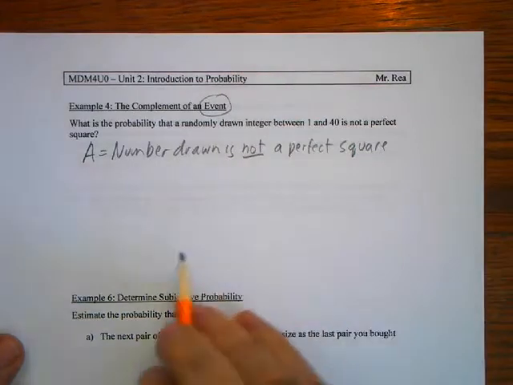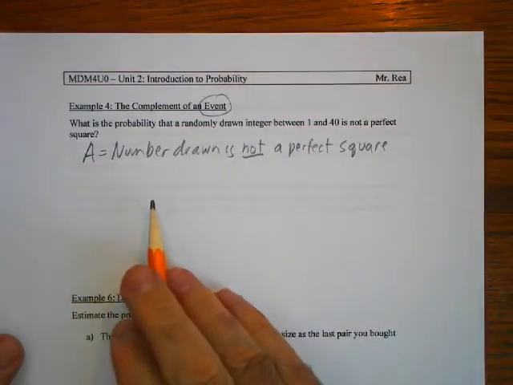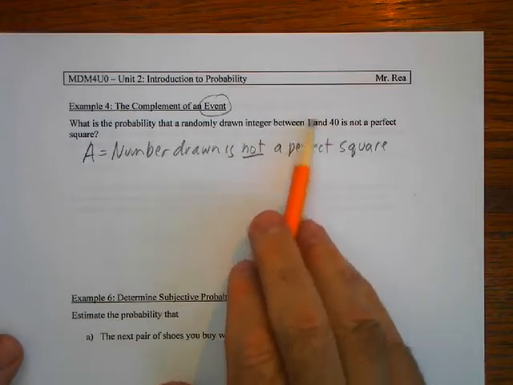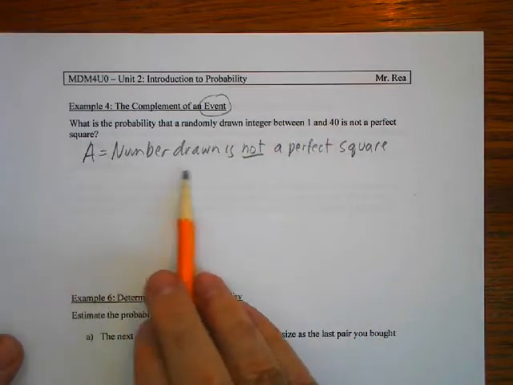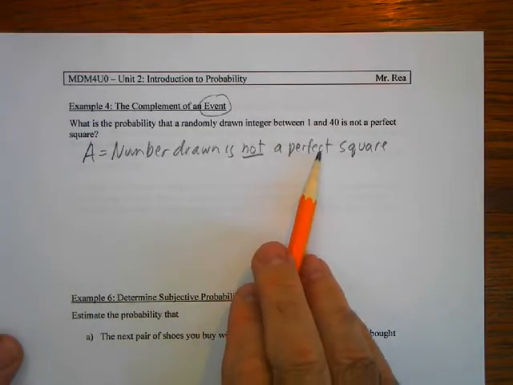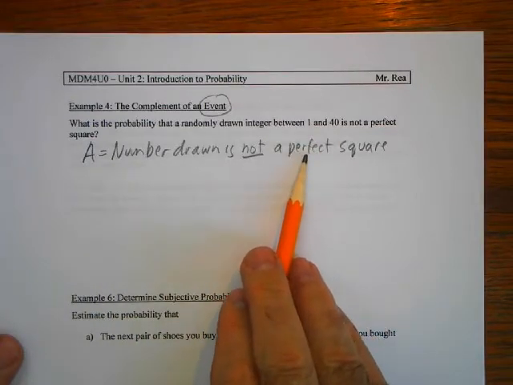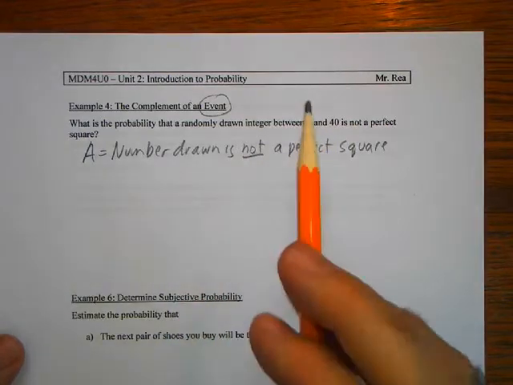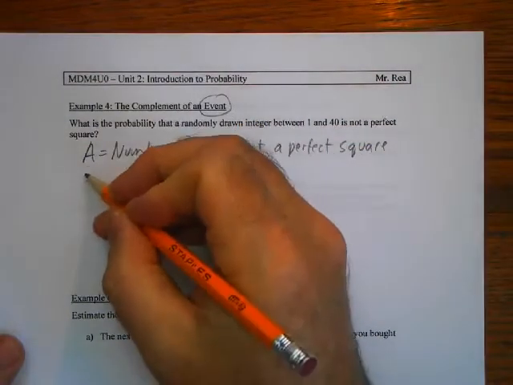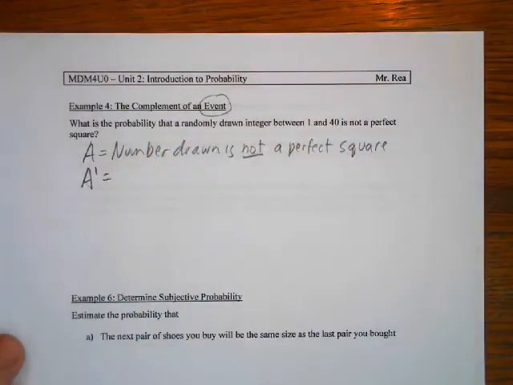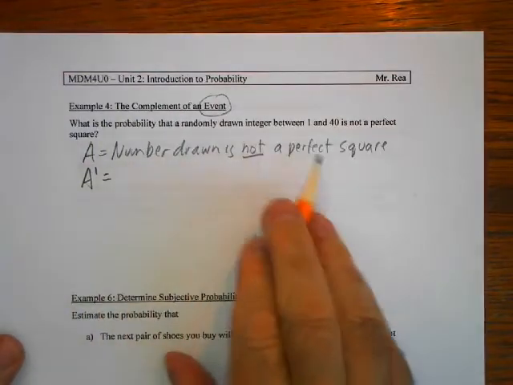Now, if I was doing this without the complement, I would have to count up how many numbers between 1 and 40 belong to this. How many numbers are not perfect squares? So it's easier to count up the ones that are. So I define the event A, and then I define the complement, which is all the other numbers.